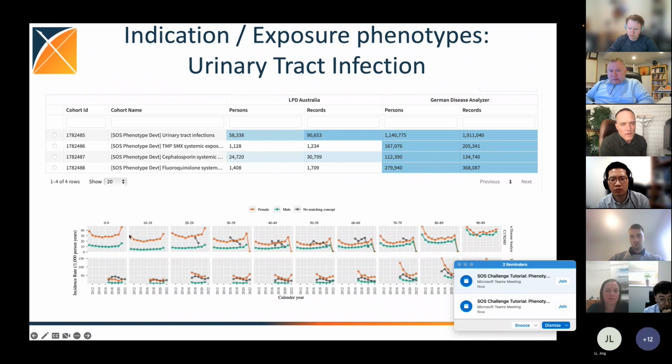In looking at the incidence rate, I thought it was interesting. The table that I just had in the slide before and other references you might consult suggest there's about a 4-to-1 prevalence of UTI in women versus men, and our incidence rates largely reflect that. But the second thing that I thought was interesting in this cohort, when it comes to the extension of our indication phenotype to an exposure phenotype, is the considerable drop-off in trimethoprim sulfamethoxazole, so Septra or Bactrim or TMP-SMX, as I've written here.